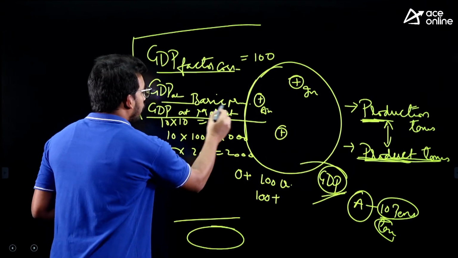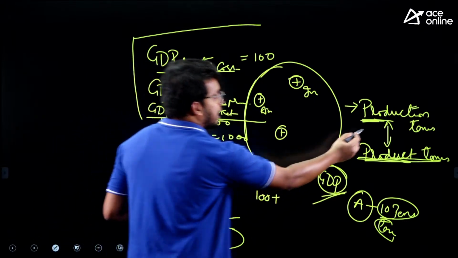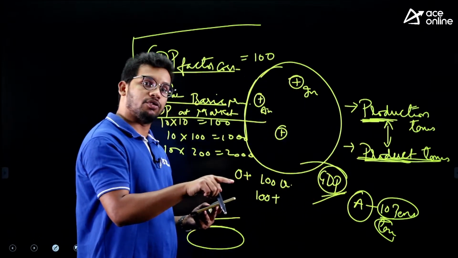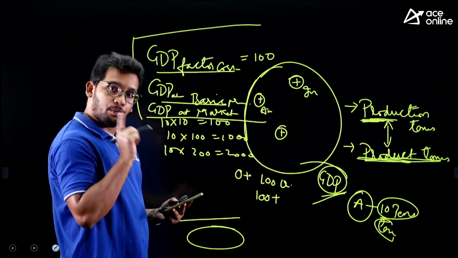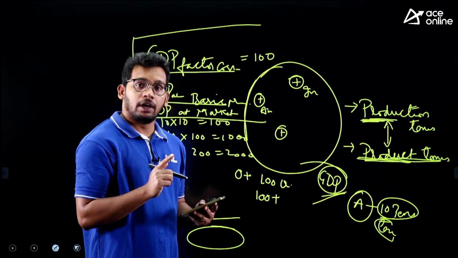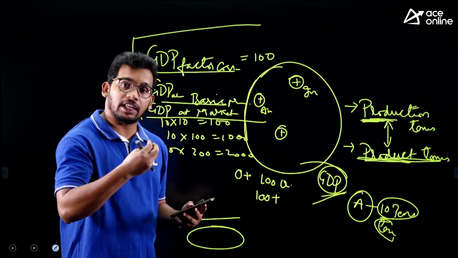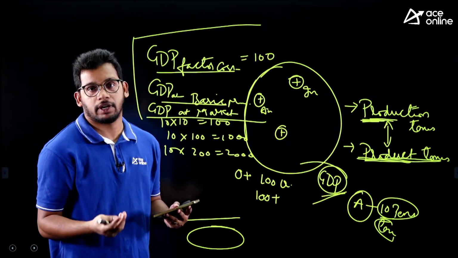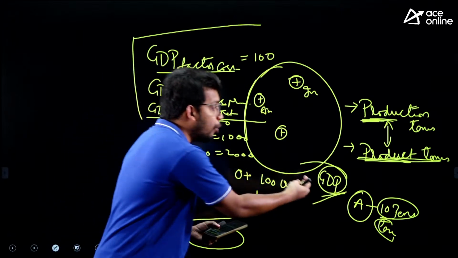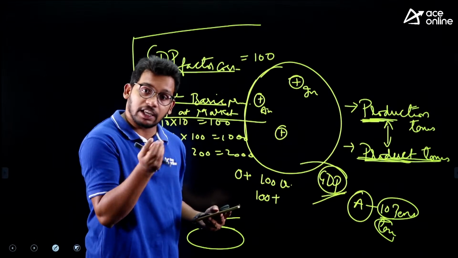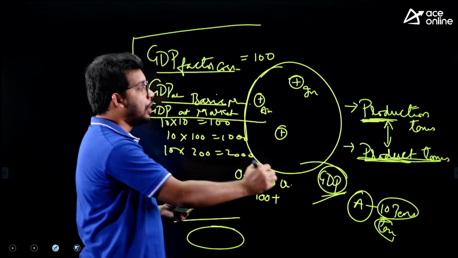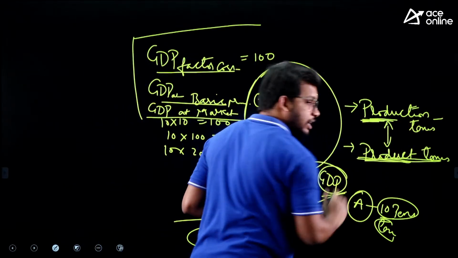Now if I include the production taxes, which means before producing goods I have paid certain money. And one more important thing to remember: the government gives certain returns, subsidies, to promote the production of goods within Indian boundaries. So production subsidies and product subsidies will also be given.